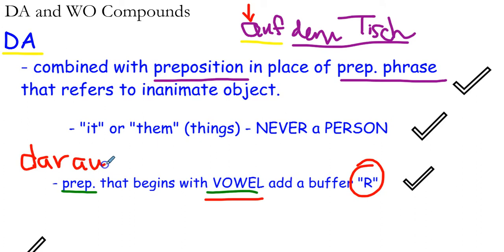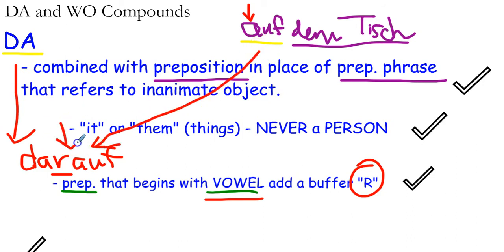My book is on it. So you obviously have to understand the context of a sentence and know what the prepositional phrase is prior. But here, because auf begins with a vowel, I'm adding a buffer R. So da plus the preposition and then the buffer R. I can say, mein Buch ist auf dem Tisch. Es ist darauf. It is on it.